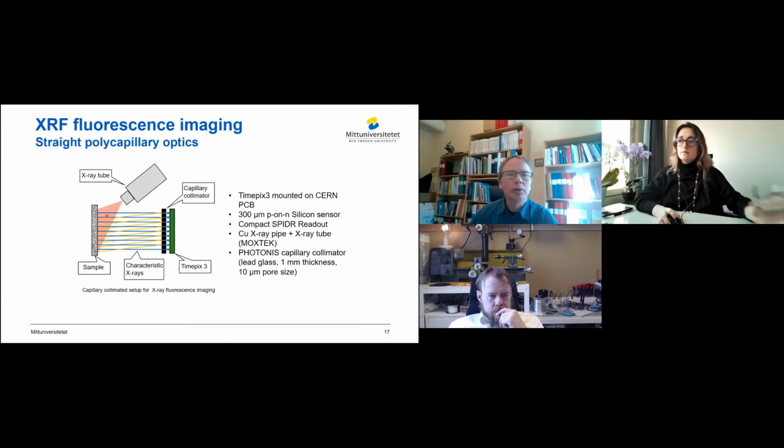We have also looked at fluorescence imaging with straight polycapillary optics, where we have a bunch of fiber optics essentially, so that we get a reflection, a waveguide for these X-rays.